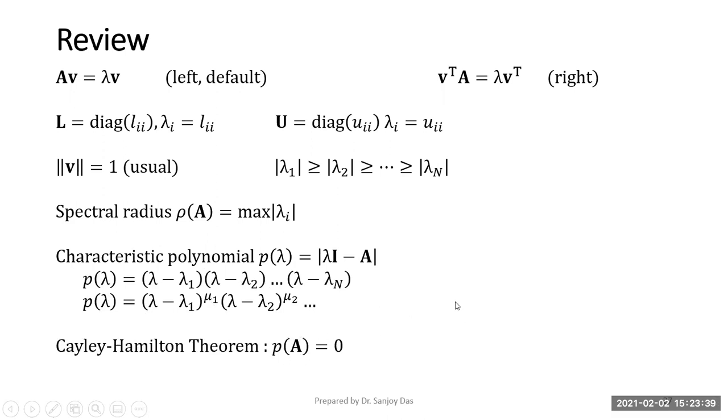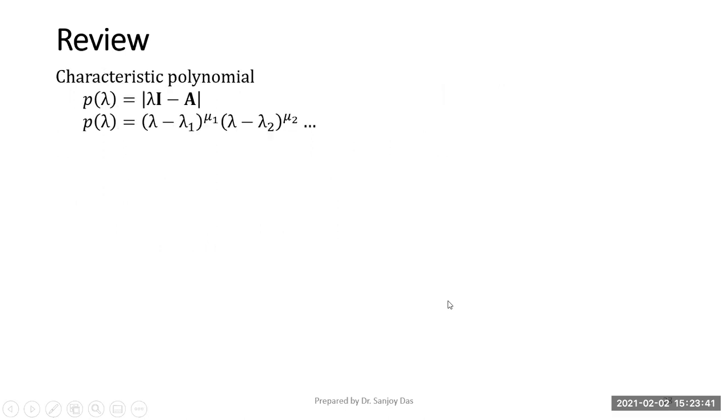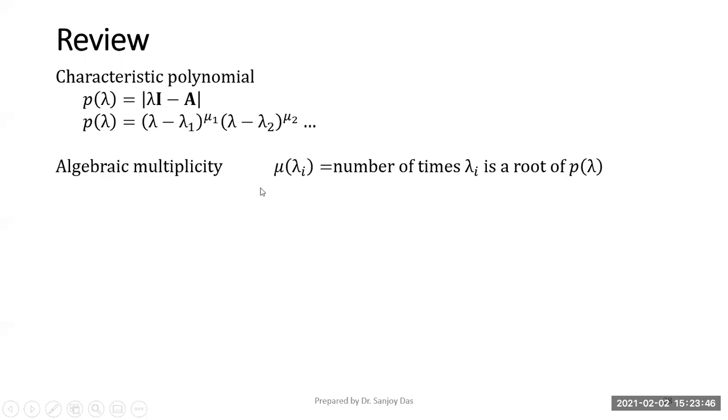Cayley-Hamilton theorem, actually I skipped this, so never mind. The algebraic multiplicity is the number of times lambda i is a root of the characteristic polynomial. So it will be mu i if you use non-unique indexing. So mu of lambda i is the algebraic multiplicity, which is simply equal to mu i.